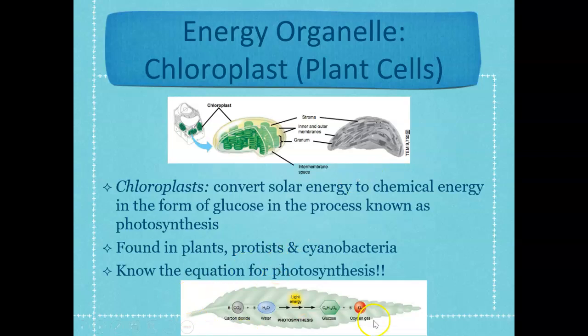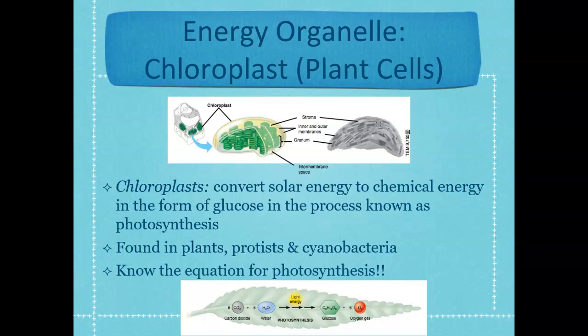So here's your chemical reaction just for photosynthesis: 6 molecules of CO2 plus 6 molecules of water, with the help of energy from the sun, gets us glucose plus 6 molecules of oxygen. You want to make sure that you practice and memorize this. You need to know it. And those chloroplasts are the place where this process happens.